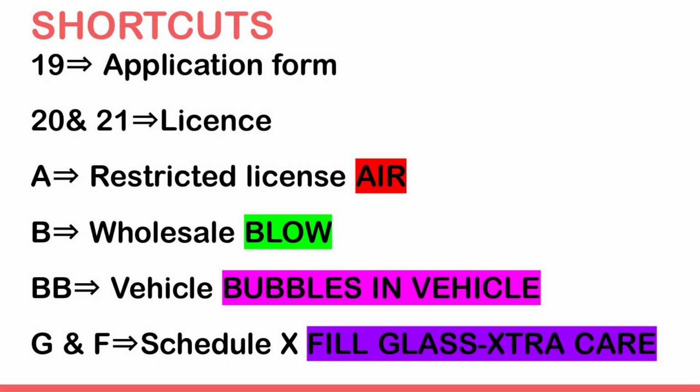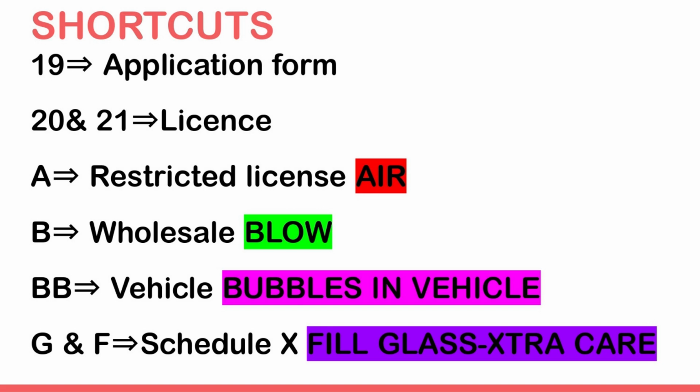Let's see some other shortcuts. If you see a letter A in the form number, you can relate it to a restricted license. If you see a letter B in the form number, you can relate it to wholesaling.